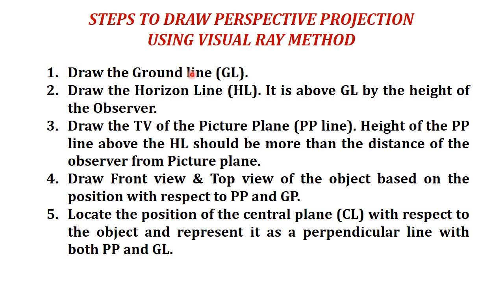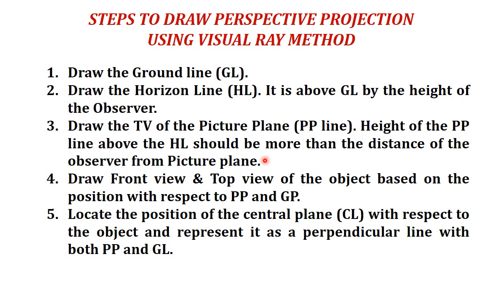The distance between the ground line and the horizon line will be the height of the observer. So the front view of the station point is always on the horizon line. The next step is to draw the top view of the picture plane, that is called the PP line.